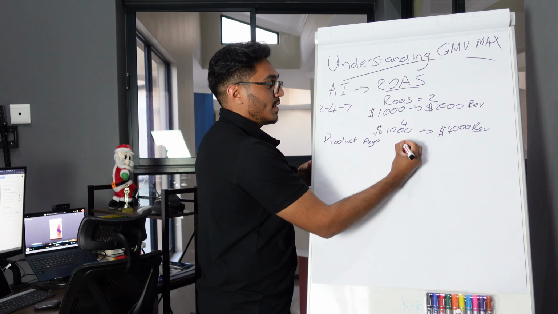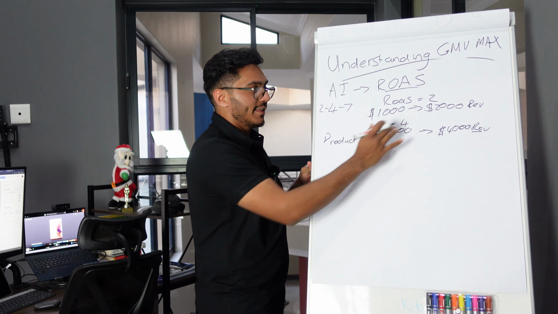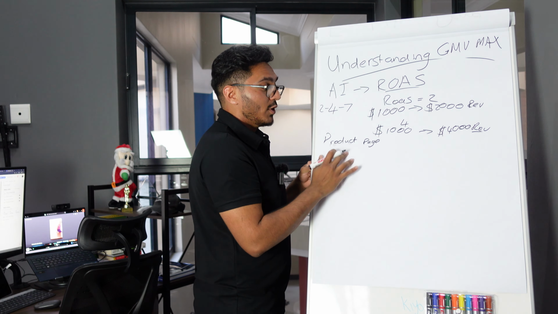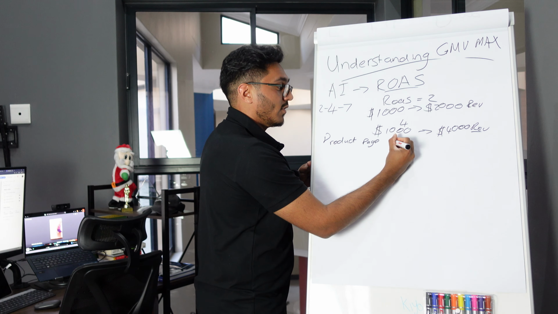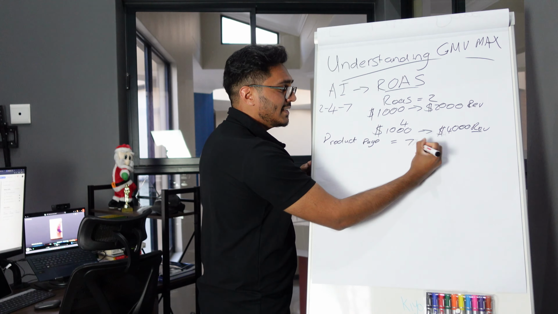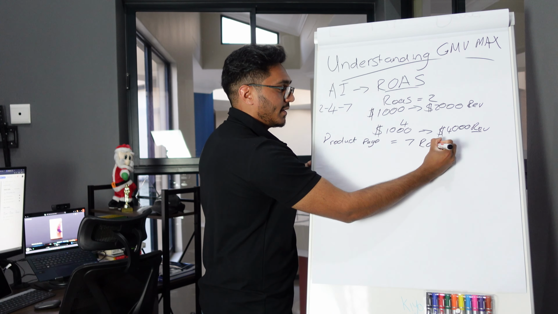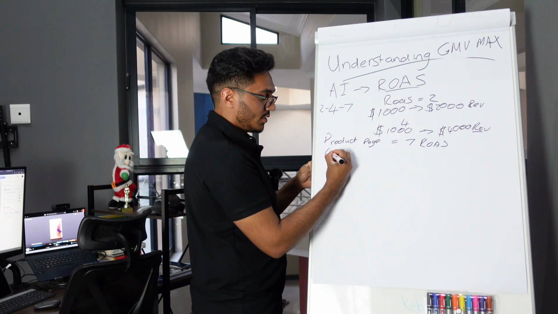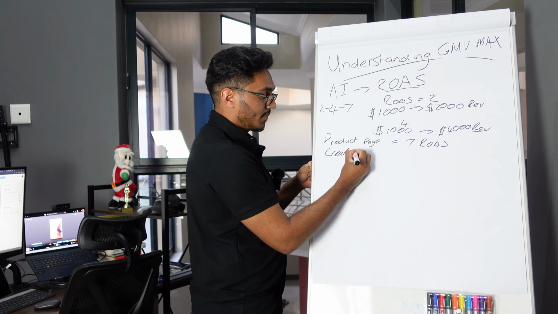That typically gets a lot higher than the amount you're setting in the ROAS. So if you put in traffic to it, you might get, for example, a 7 return on ad spend, which is good. And then the creators' videos, let's call them creatives.